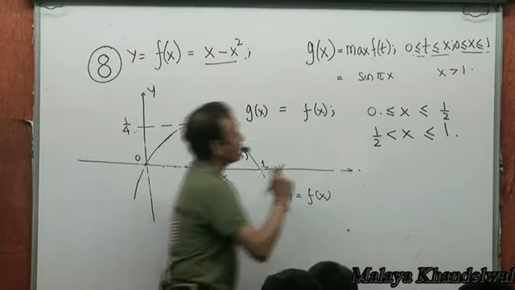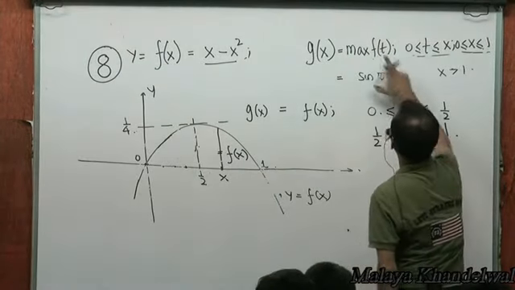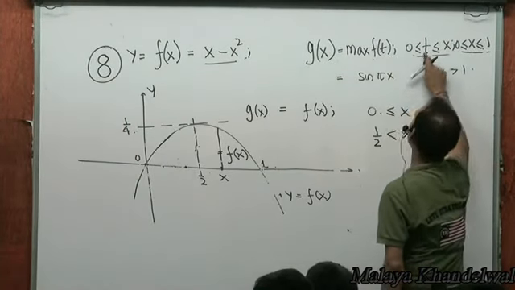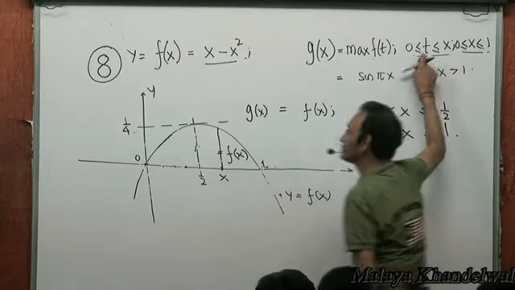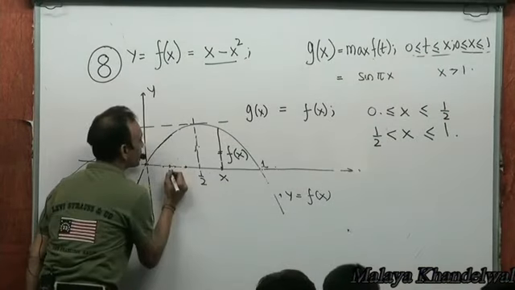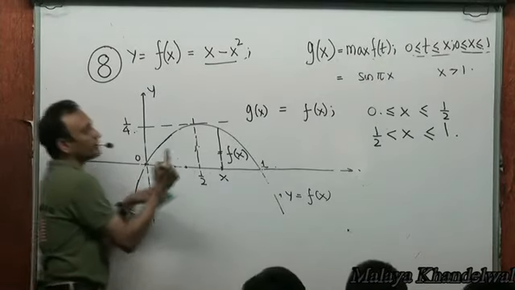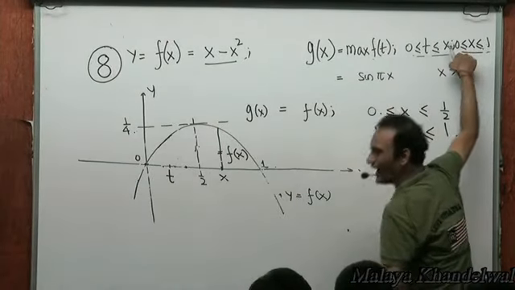Now I know f(x), but I need to find g(x). To find g(x), I'm going to select a running variable t, and this running variable t is guided to run between 0 and x.